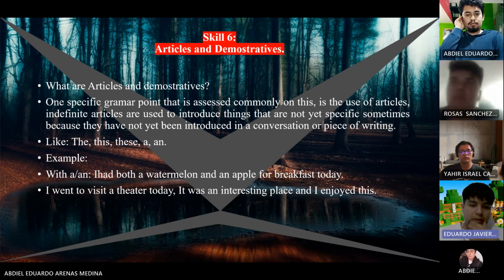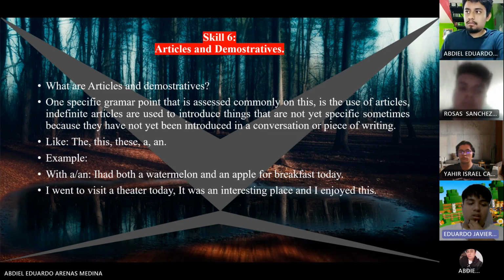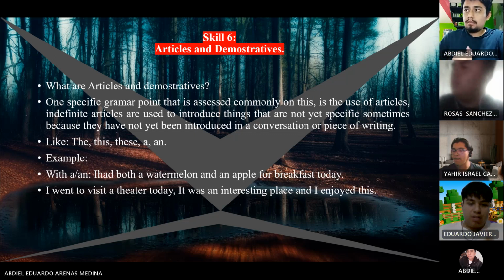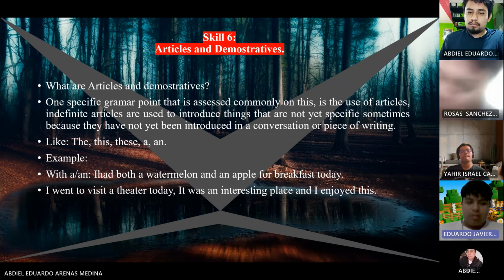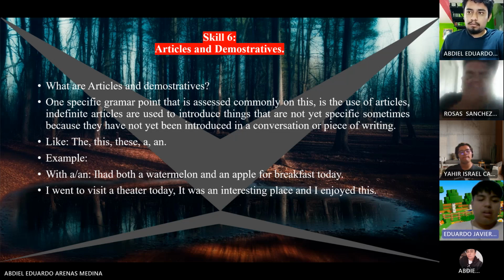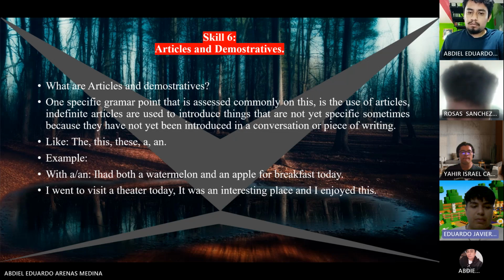To continue, we have some examples like the articles this, a, and the next examples with a and an. I had bought a watermelon and an apple for a breakfast.